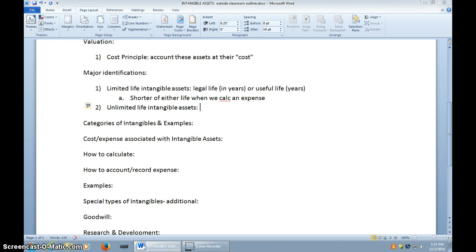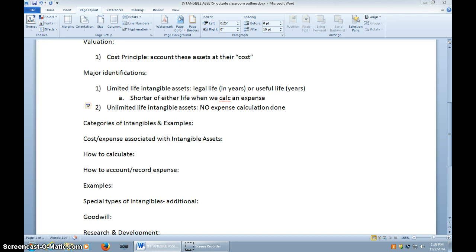And for these unlimited life intangible assets, there is no expense calculation done because, as you'll see in a little bit, like we did with tangible assets, we're going to recognize an expense over the life of the intangible asset.